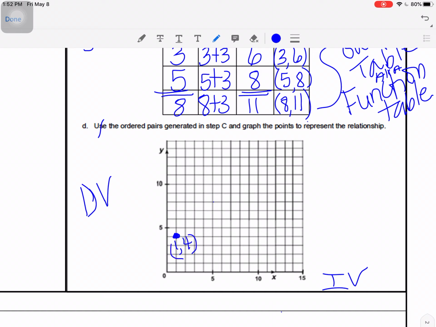So we're going to go over 3 and we're going to go up 6. Then we have 5 and 8. So 5 and then we're going to go up 8. And then our last coordinates we had was 8, 11. So we go over 8 and we're going to go up to 11.